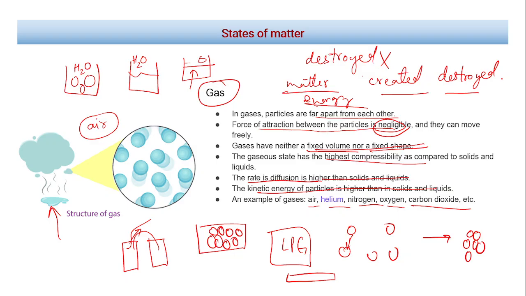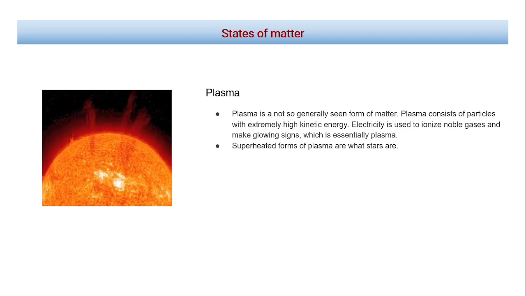But what about the two other states of matter that I mentioned? One is called plasma, not very commonly seen around us. I have seen it in labs, where we generate it. Plasma consists of particles with extremely high kinetic energy.